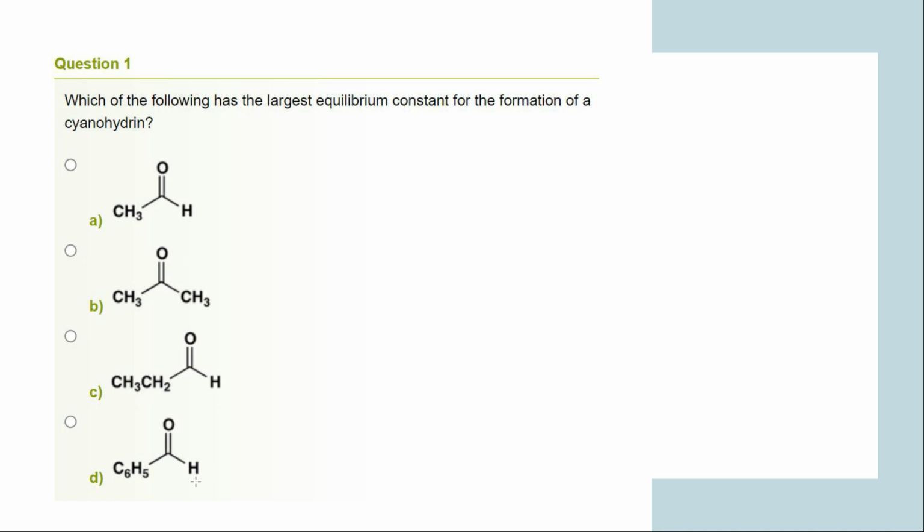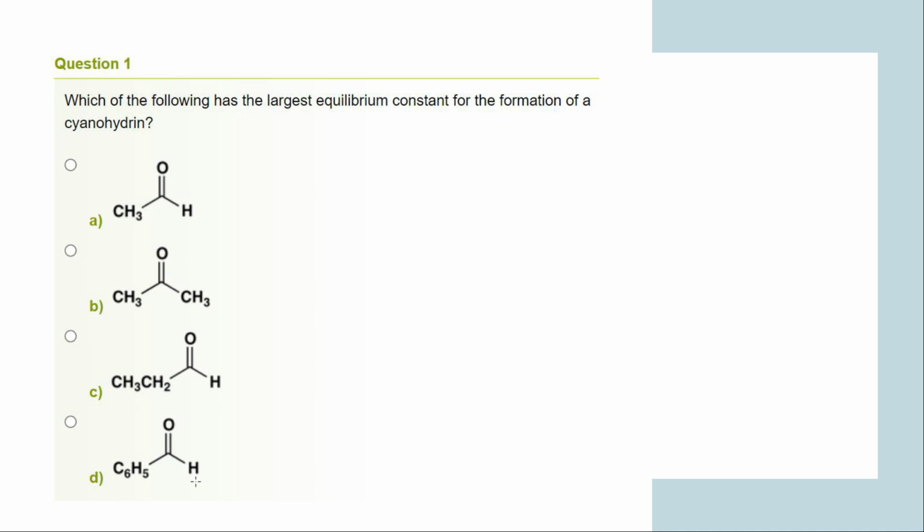When it comes to the reactivity towards nucleophilic addition between aldehyde versus ketone, aldehydes are always more reactive because the ketone carbonyl group is attached to two alkyl chains or aryl chains, which are pushing their electron density towards the carbonyl group.